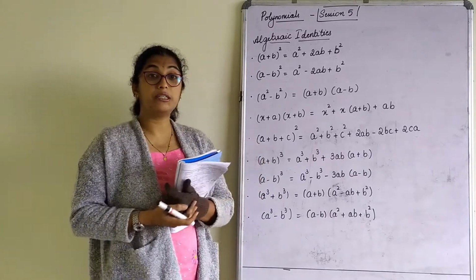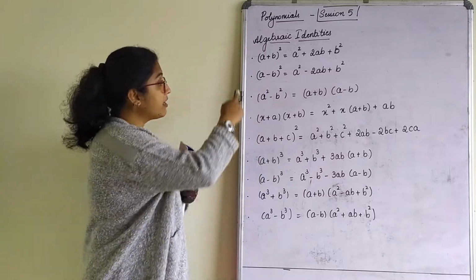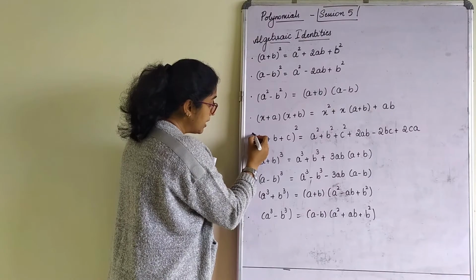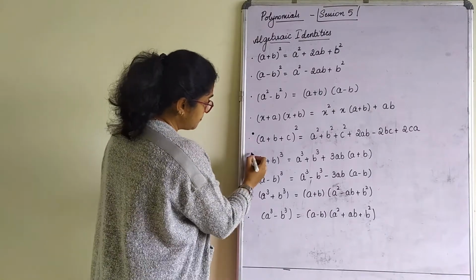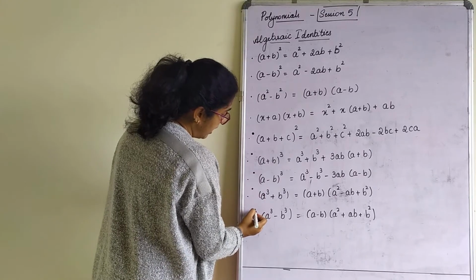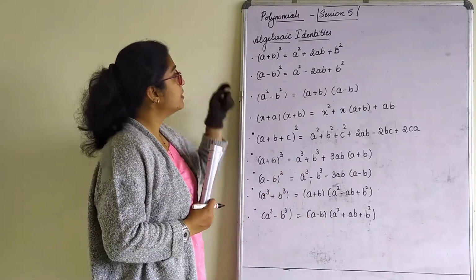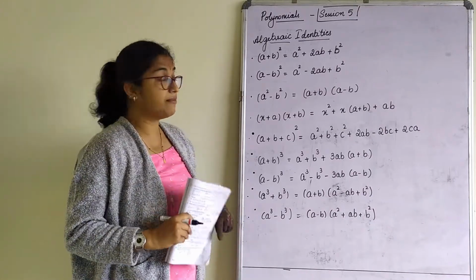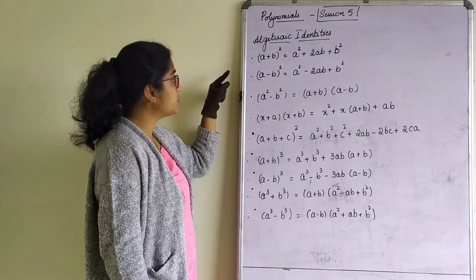The topic was about identities. We have covered almost all the identities there last year except the first 2, 3, 4 and 5. These are the common identities which you already know. I'll still read those identities once again.